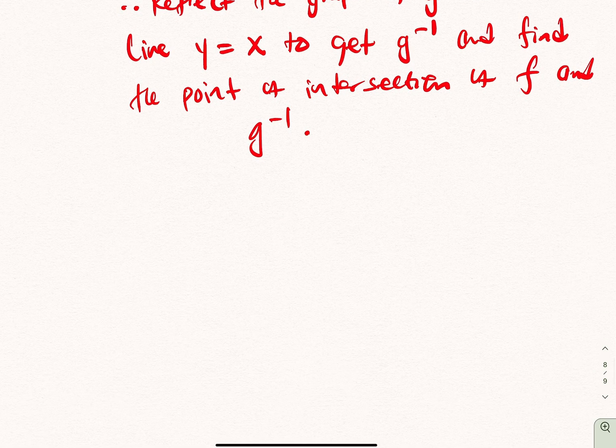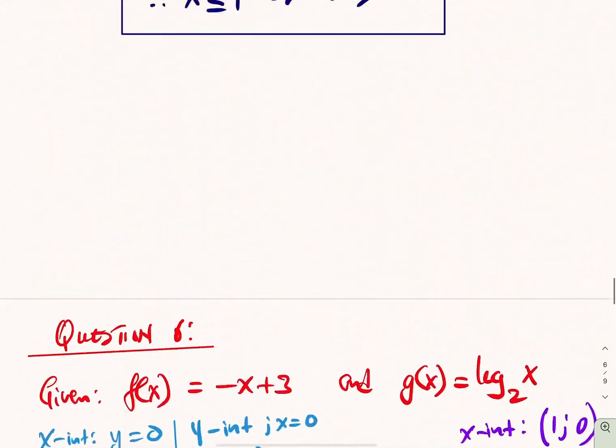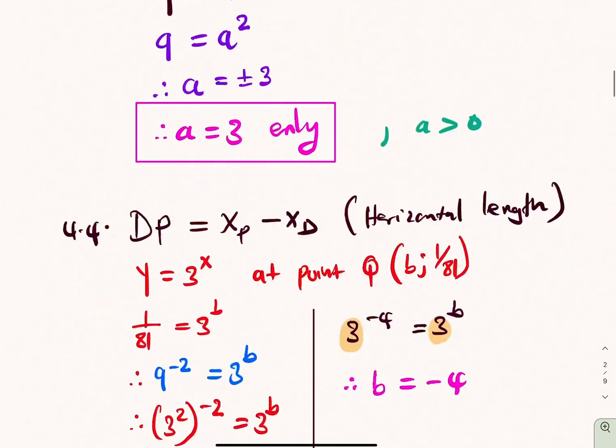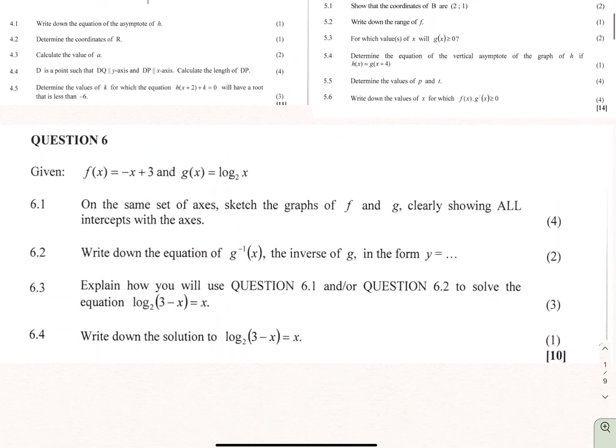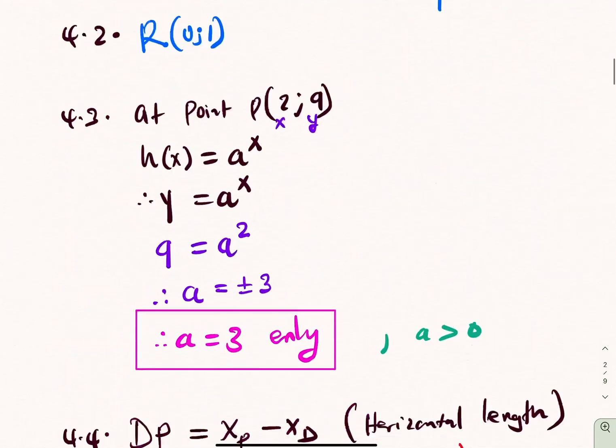Well, let's look at 6.4. I guess this is the last question. We've been here for so long. They wanted to write down the solution to this equation.